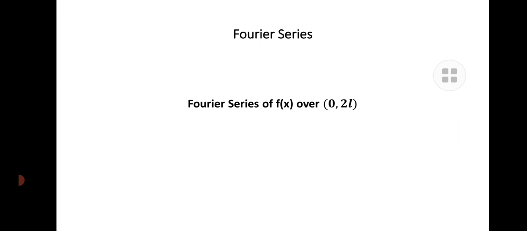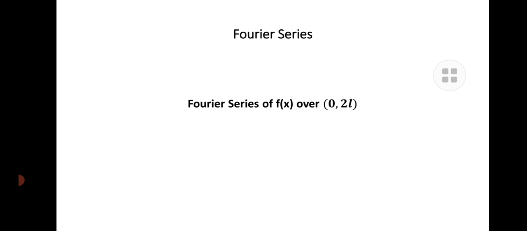The number T is the period of the function f of x. For this period, the series we can express as f of x is equal to a naught divided by 2 plus summation n is equal to 1 to infinity a n cos n pi x divided by l plus summation n is equal to 1 to infinity b n sin n pi x divided by l.